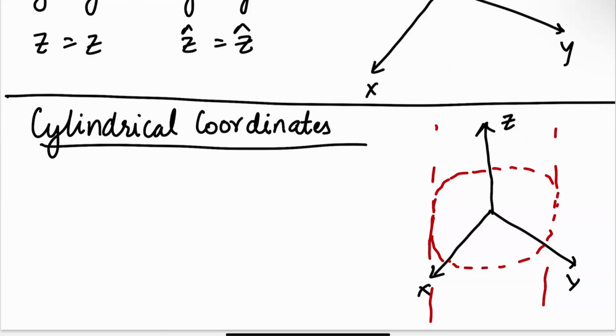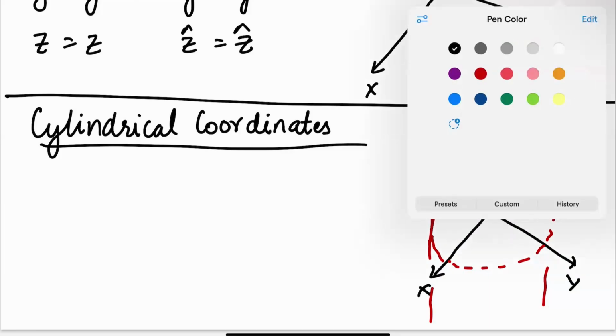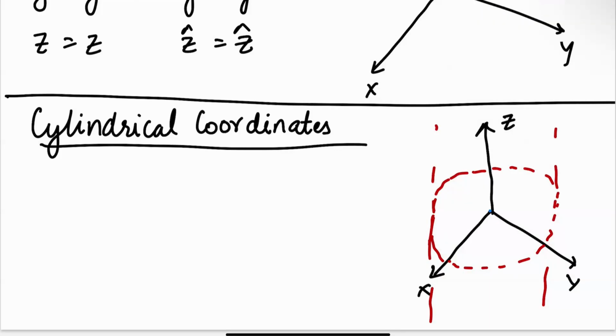So there are three components. We define the radius, rho. Actually, let me use a different color. So the radius of the cylinder is rho. And then, actually, let me draw it here.